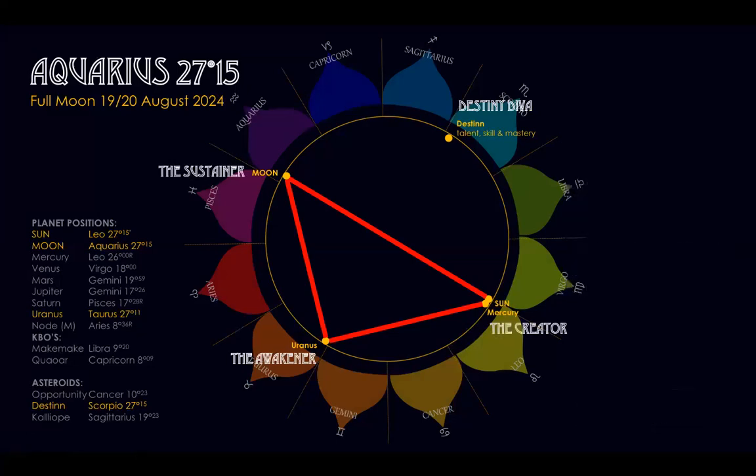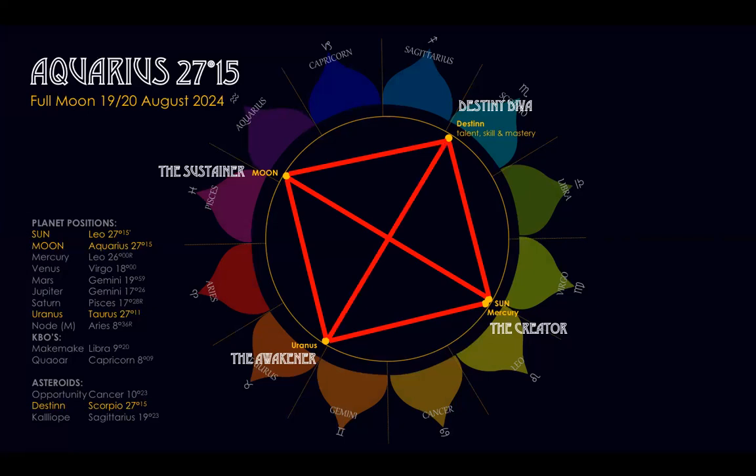So I've called Destin a diva, because opera singers are divas, and I'm not meaning diva-ish behavior, but that they are divas. And these are the exact squares to the sun and moon. And then of course the opposition to Uranus, which only has 4 minutes as well.